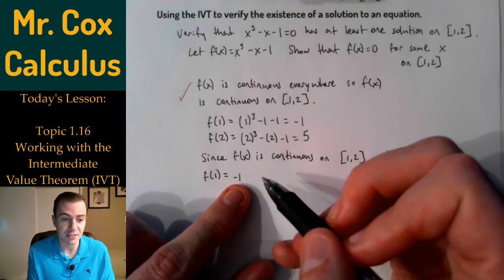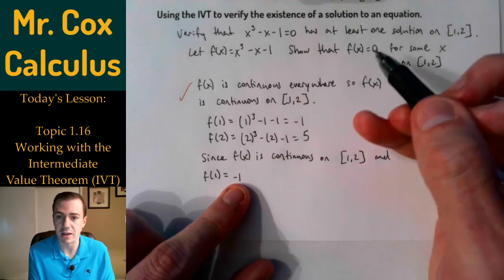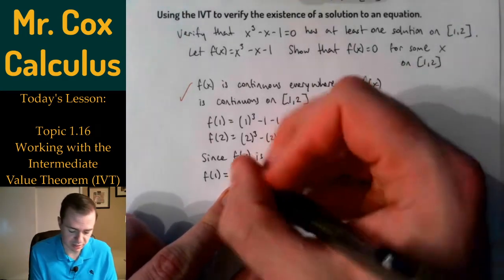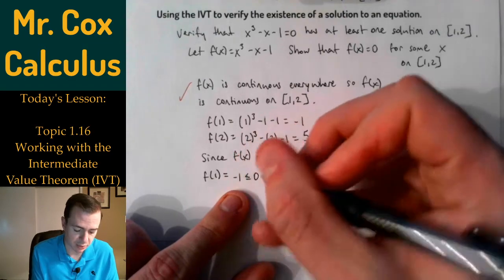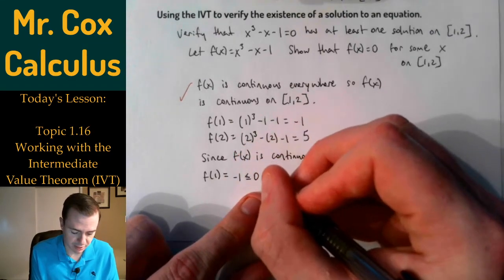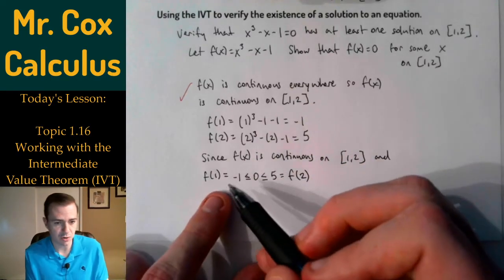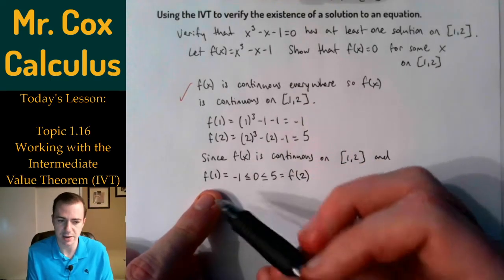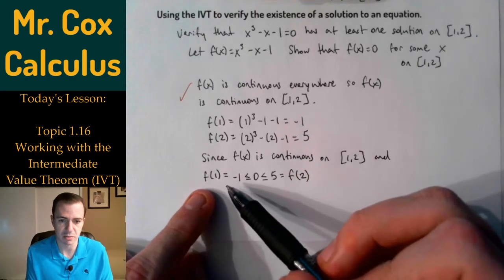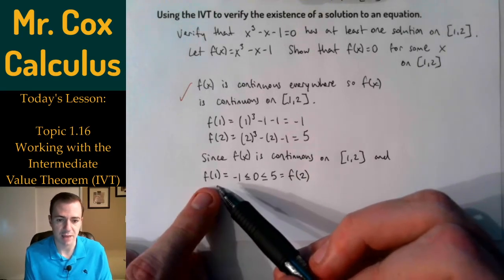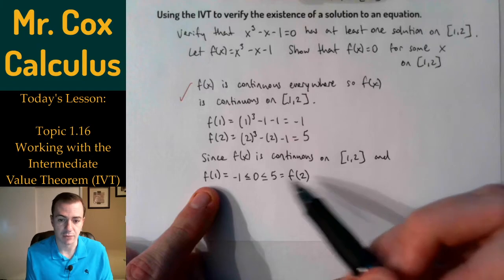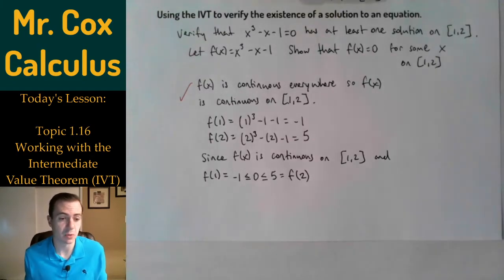I need to say that 0 is in between -1 and 5, which it is. So I want to say -1 is less than or equal to 0, which is less than or equal to 5, which happens to equal f of 2. Make sure you're familiar with what this is saying, because this is the standard argument to make here. I'm saying that f of 1 is -1, f of 2 is 5, and 0 is in between those values. That was the other thing that I had to say.